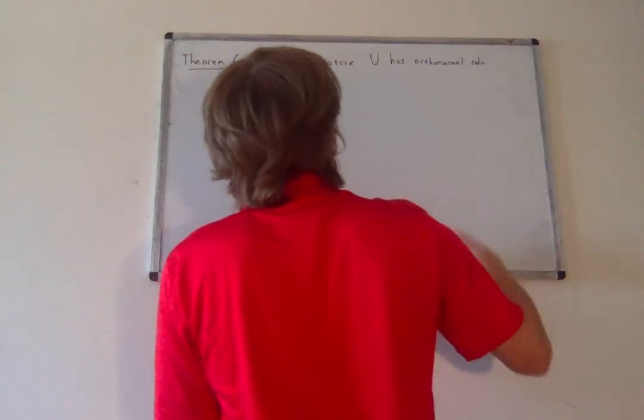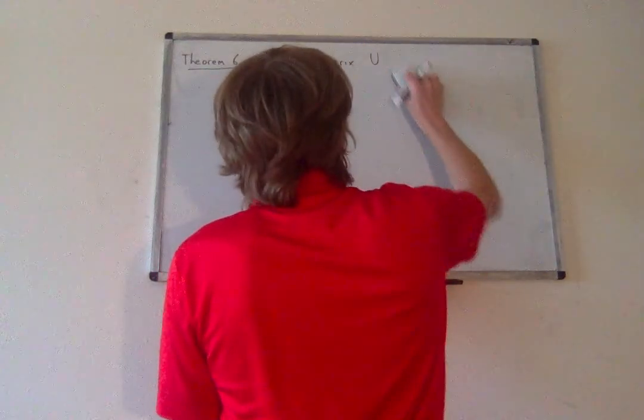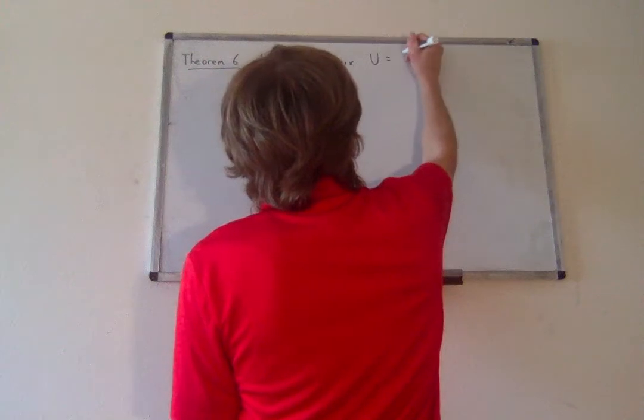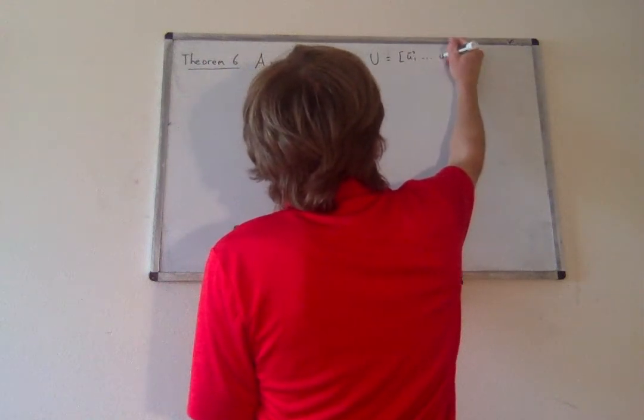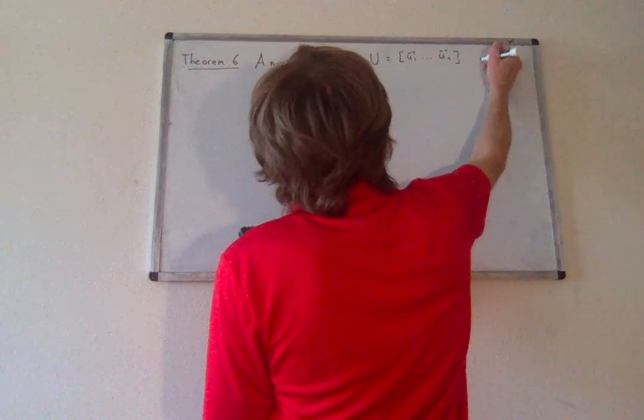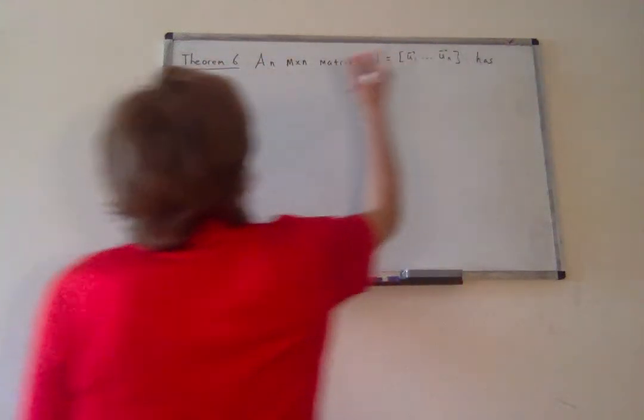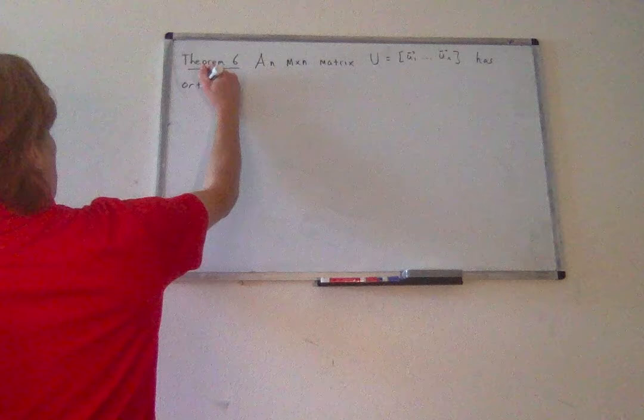And actually, maybe I'll define this a little more. So we'll say U is equal to U1 through UN. So these are the columns of U, has orthonormal columns.